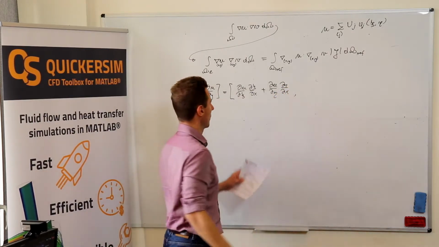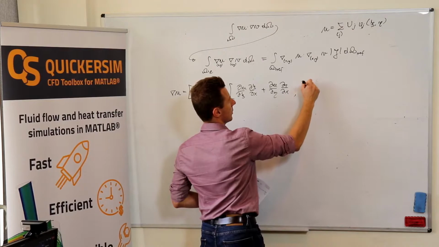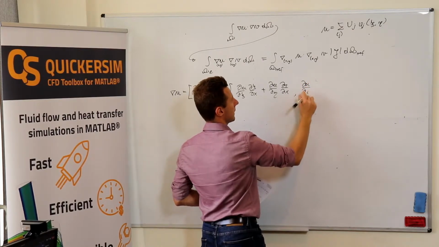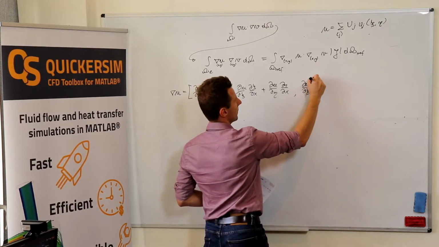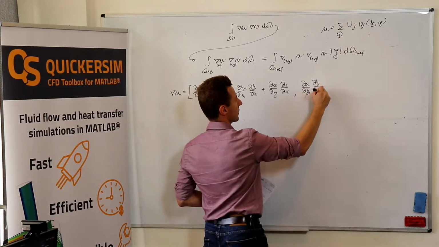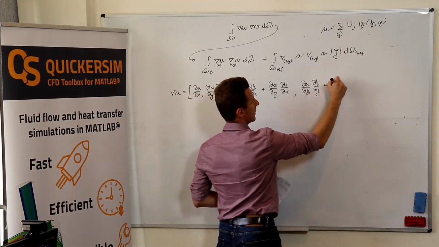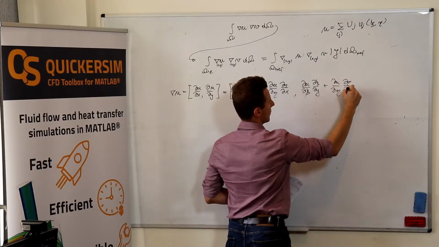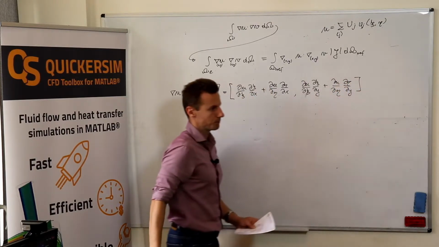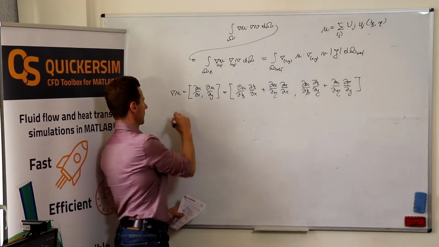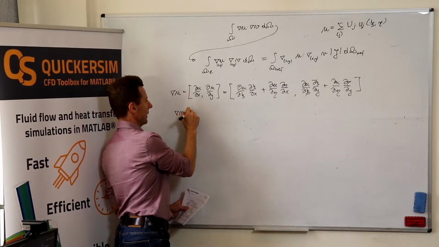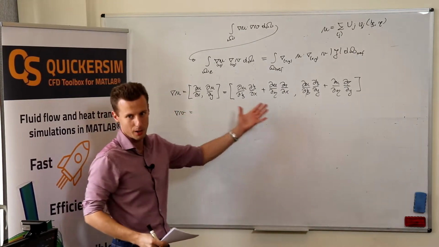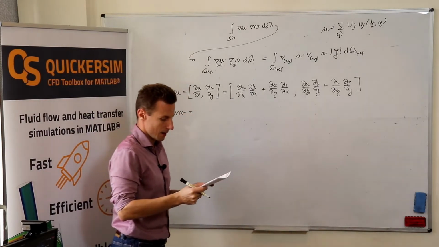What's the second component? It is du with respect to d psi, d psi with respect to dy, plus du with respect to d eta, d eta with respect to dy. The gradient of v, I will not repeat that.